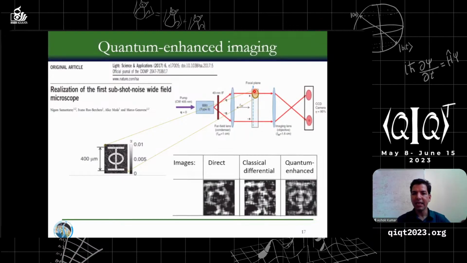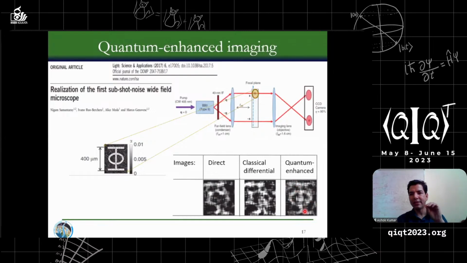If you directly measure and look at the image of the object, you get an image like this. On the other hand, if you do a classical differential measurement, you get an image like this. But if you image this object using the quantum correlated beam, you can get really enhanced contrast or enhanced resolution in your image.